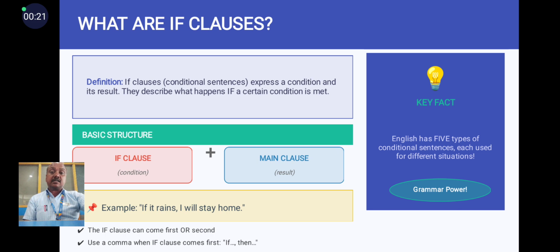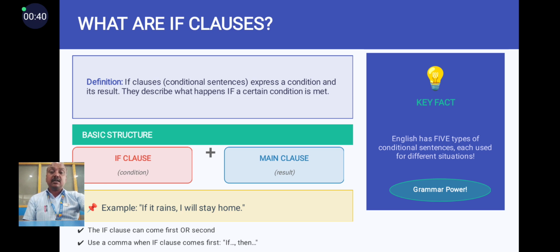What are if clauses? If clauses express a condition. They describe what happens if a certain condition is met. There are two parts in an if condition: one is the if clause and the second is the main clause.